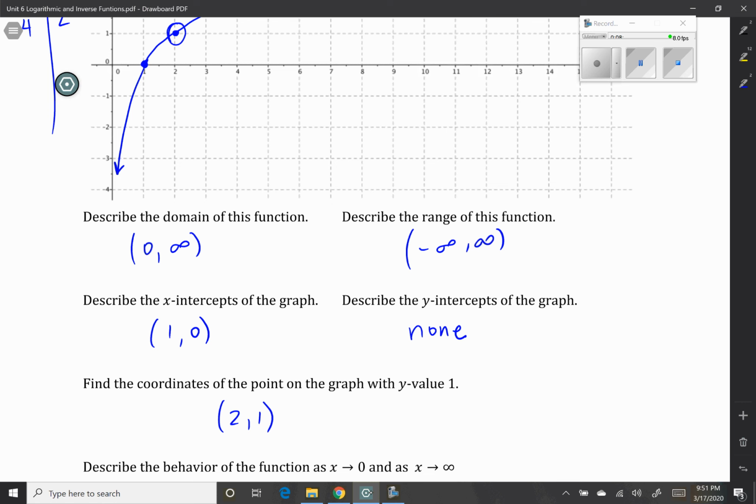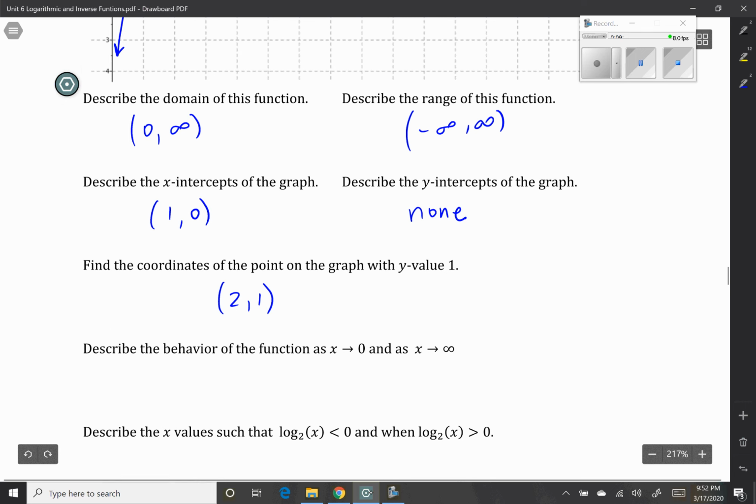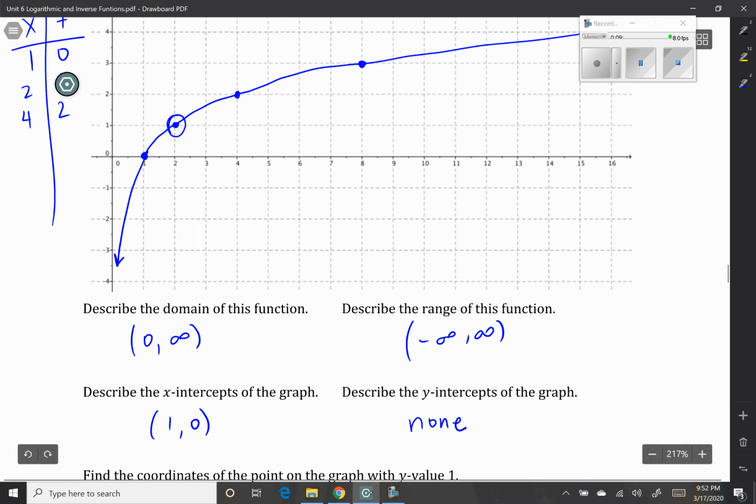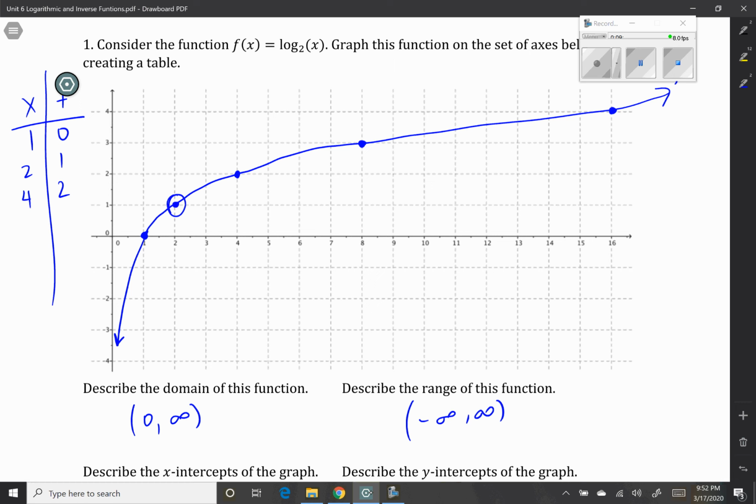And just like all the functions we've talked about this year, we have to describe their end behavior. So what happens as x gets bigger and x gets smaller? Notice I'm saying as x approaches 0, it's not going to go past 0. If we look at my graph, as the graph moves towards 0, what's happening to it? It's getting smaller forever.